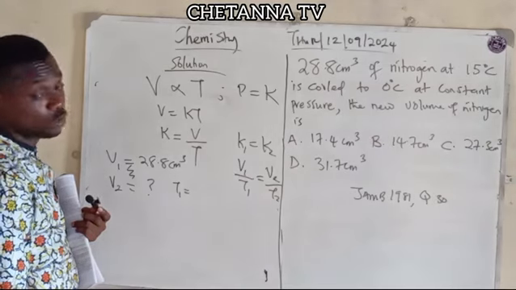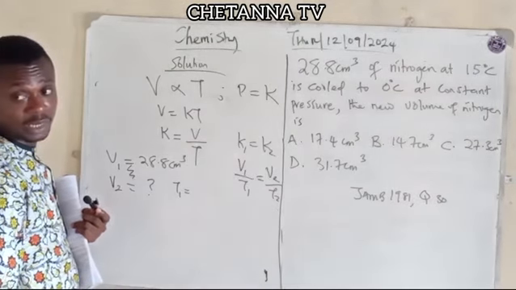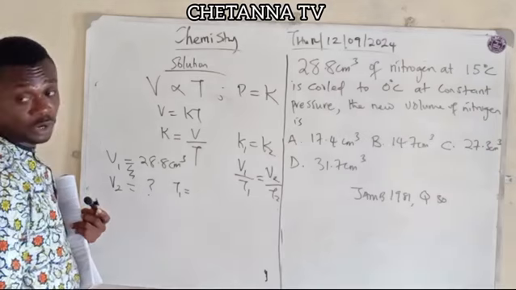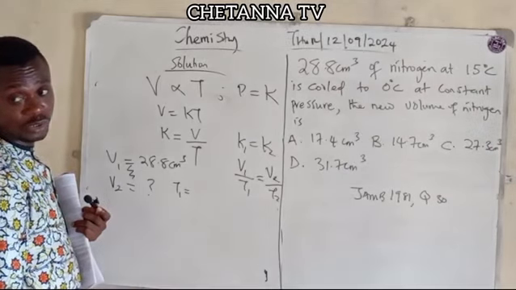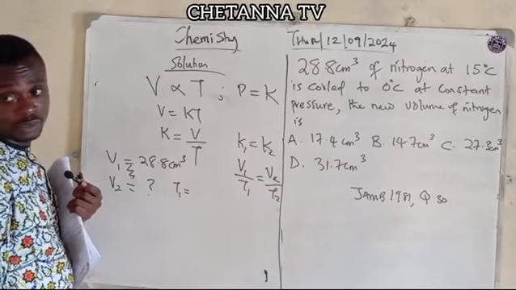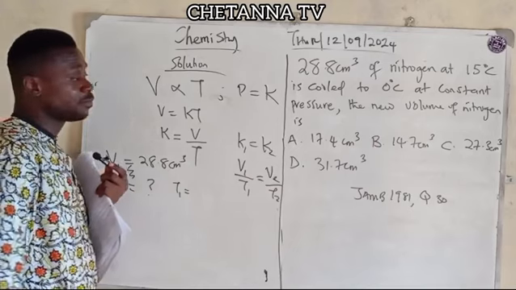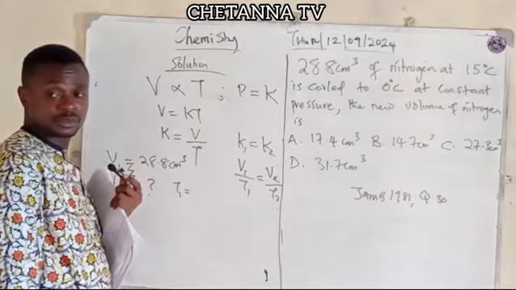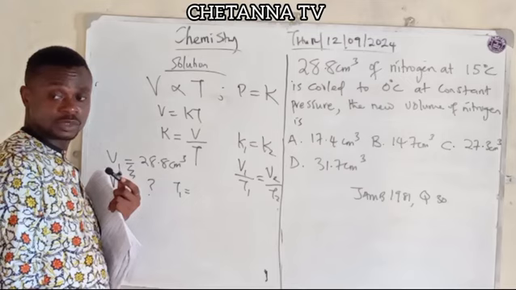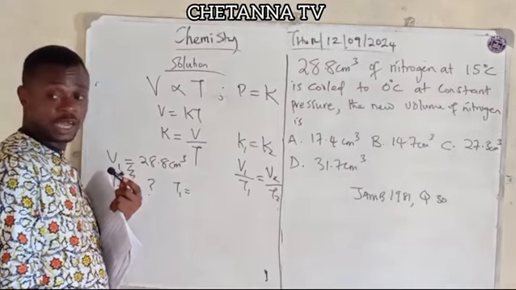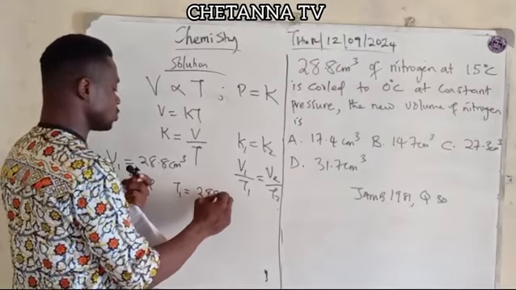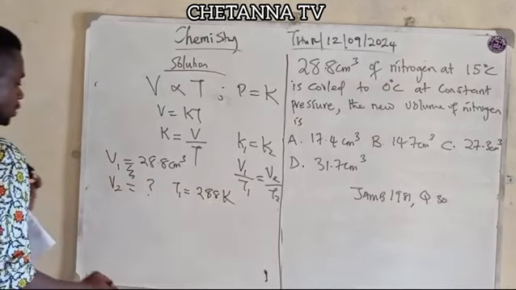We change it to Kelvin by adding 273. So 273 plus 15 is 288 Kelvin.